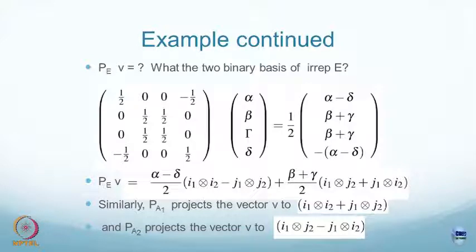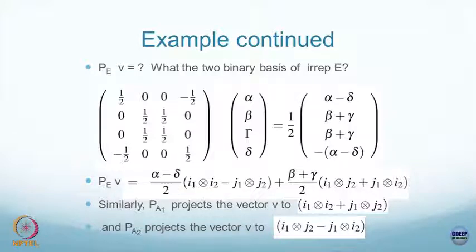So, what is happening is that if you apply the projection operator for each of the irreps on this arbitrary vector, you get this answer, especially for PE I get this answer. What does it mean? I get a linear combination for arbitrary alpha, beta, gamma, delta.